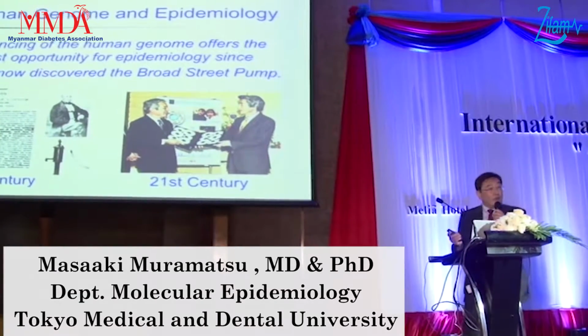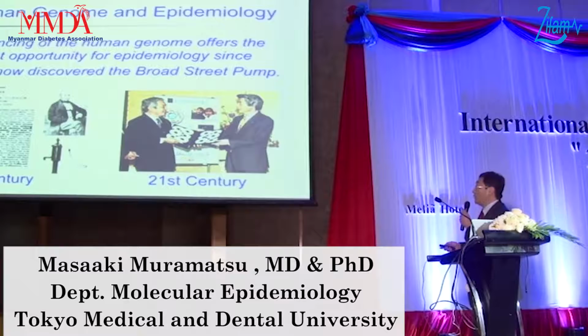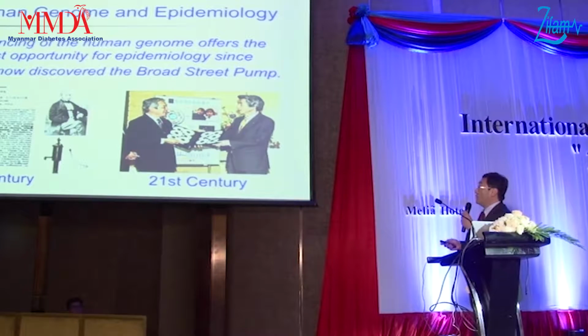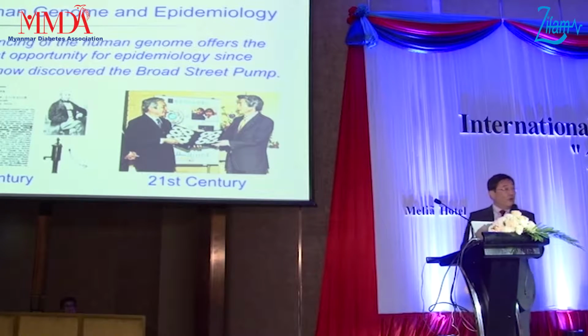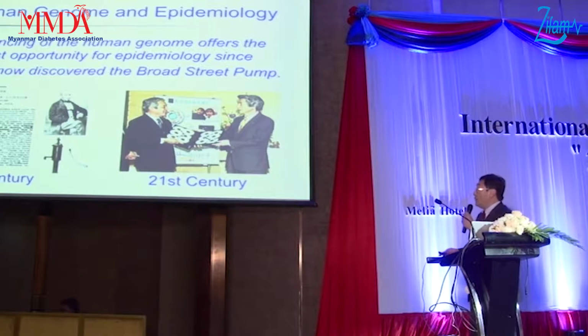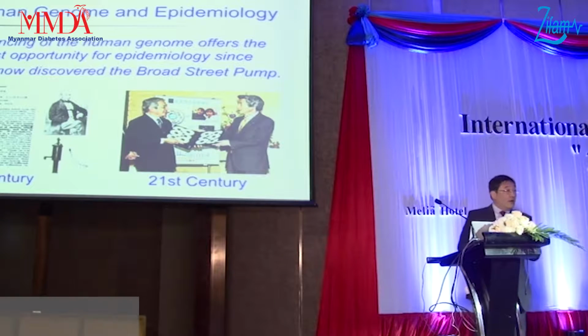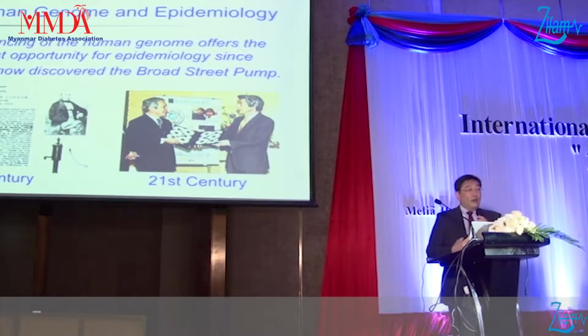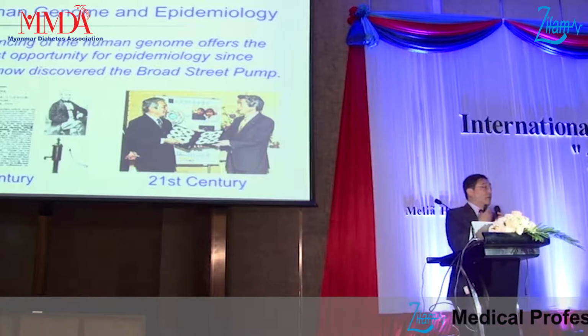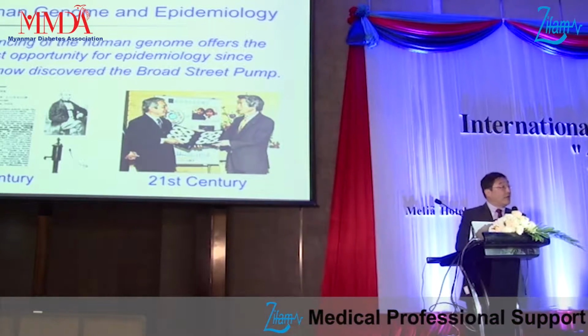I would like to talk a little bit about who John Snow is, and he is the father of epidemiology. He was in the 1850s, I suppose, and there was an epidemic of cholera in London City. At that time, the cholera bacteria was not found yet.